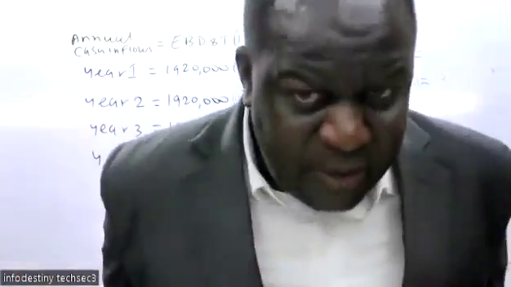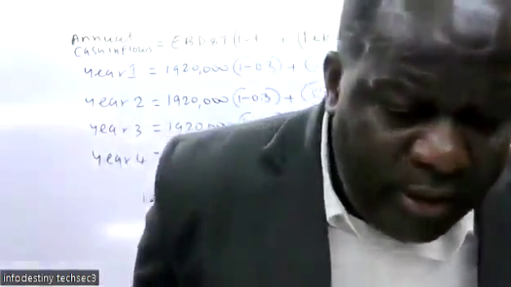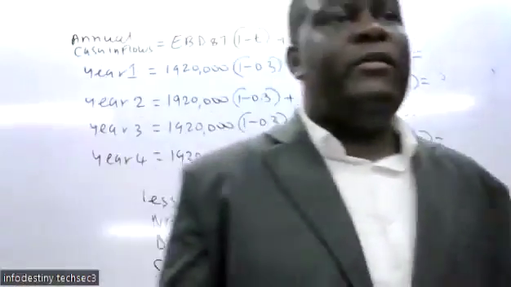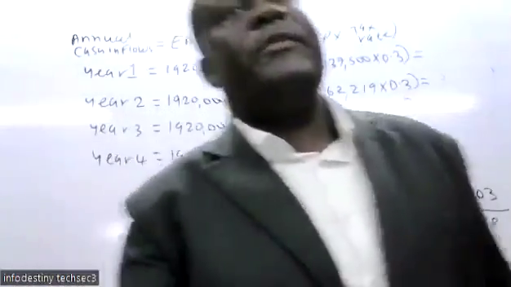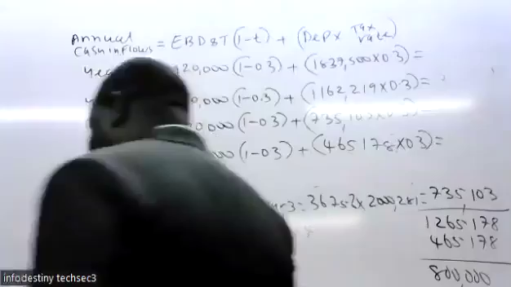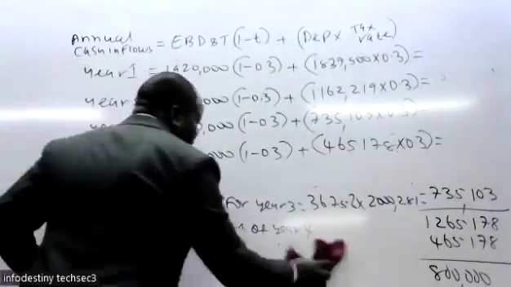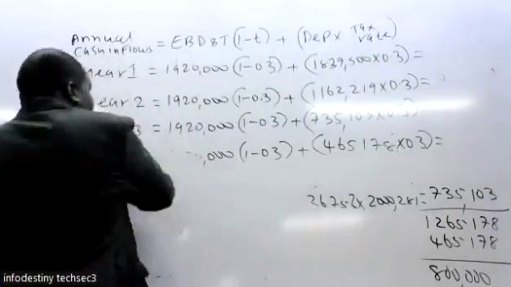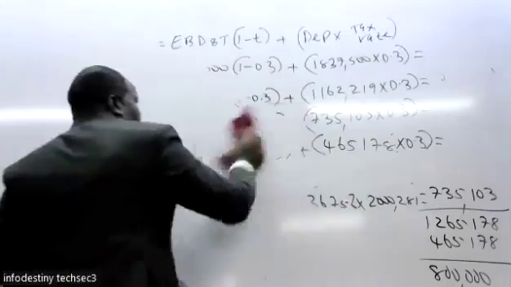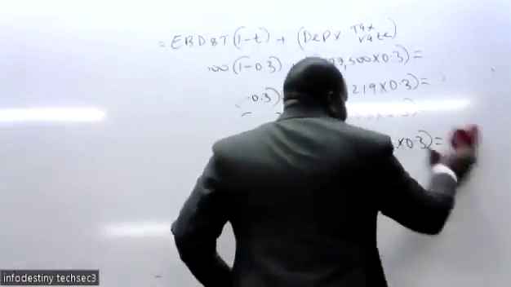We got the Roman letter 5, whereby they were saying that using the NPV approach, advise the company on whether to proceed. So we now calculate the NPV.